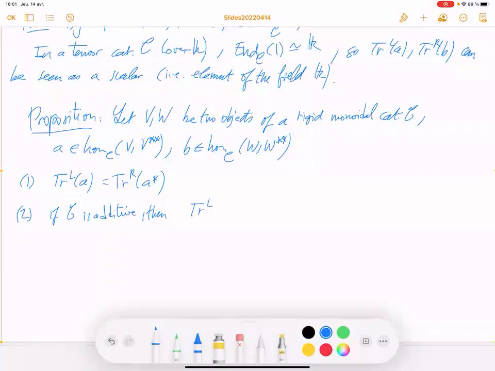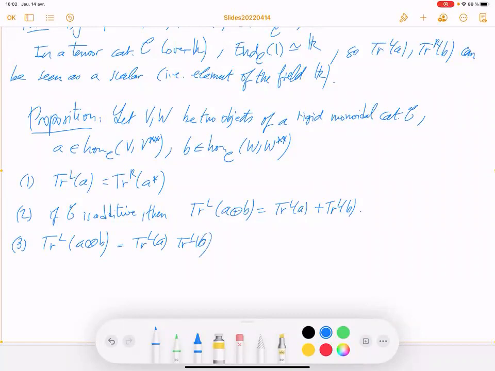To have a direct sum, the trace of the direct sum is equal to the sum of the traces. That's a good property. The third property is about the tensor product: the trace of the tensor product is just the product. And we have the same for the right trace.